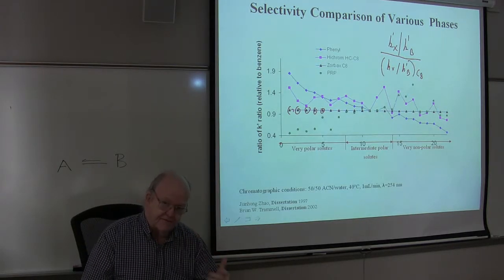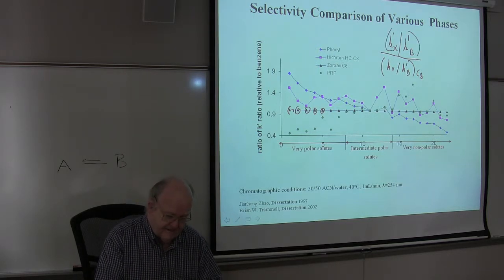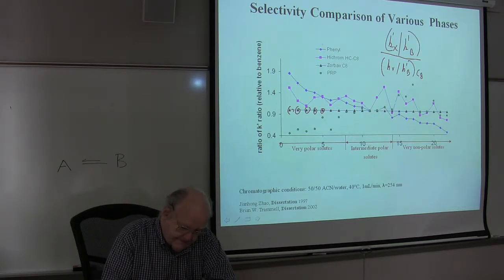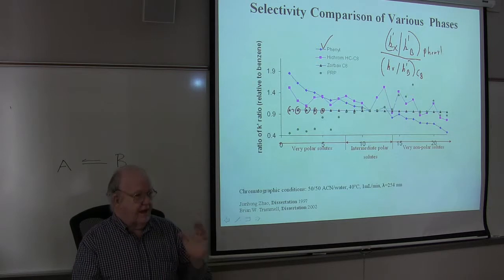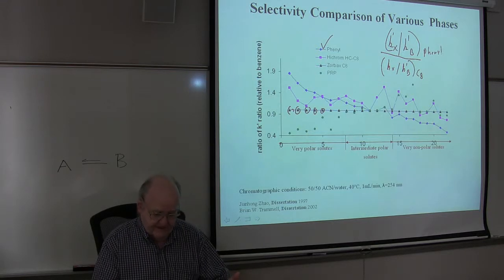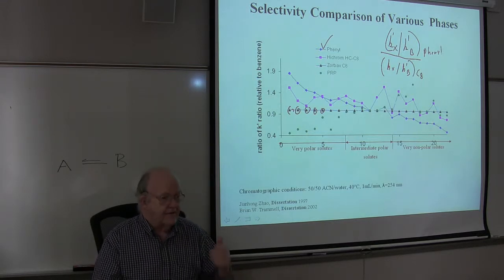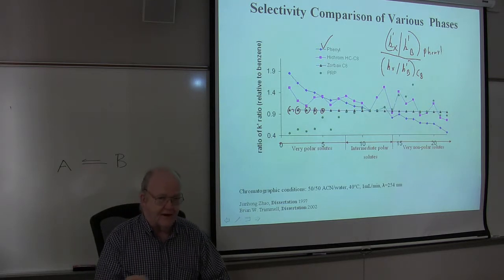Now, if I take a different stationary phase, for instance a phenyl phase, like that one there, if the phenyl phase were to behave chromatographically, have exactly the same selectivity as the C8 phase, then I'd get another flat line that lies right on top of the C8 line.